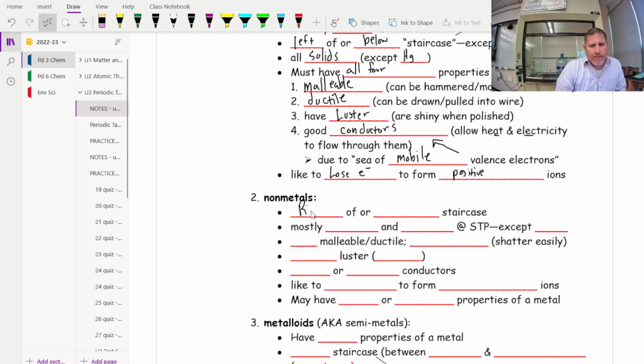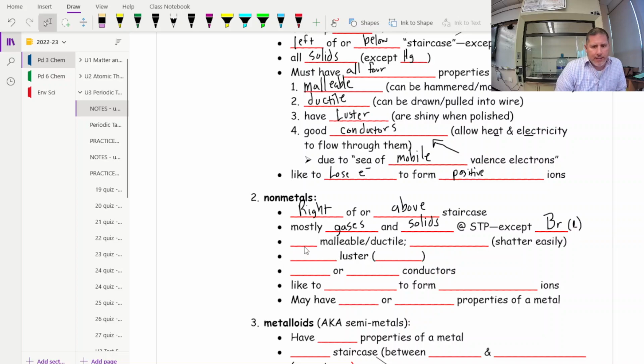They're to the right or above the staircase. They're mostly gases, but things like carbon, they're solids. There's one rare element, bromine, that at room temperature, just about, is a liquid.